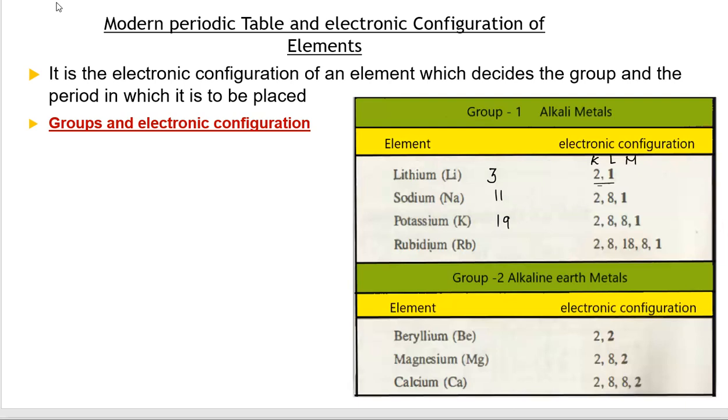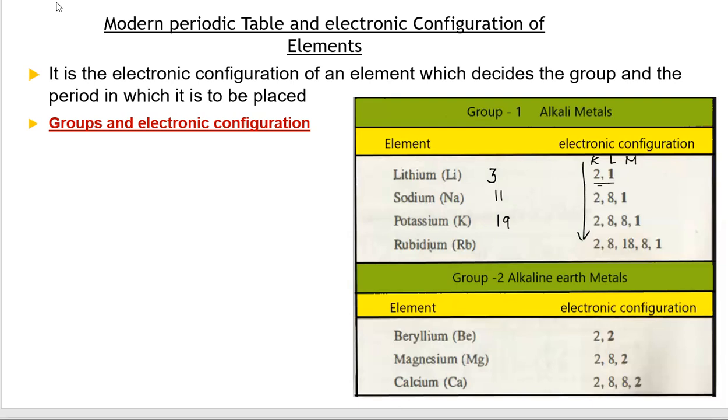Here see, as we move from top to bottom in a group, lithium consists of only 2 shells, but sodium 3 shells, potassium 4 shells, rubidium 5 shells, etc. So as we move from top to bottom in a group, the number of shells increases one by one.